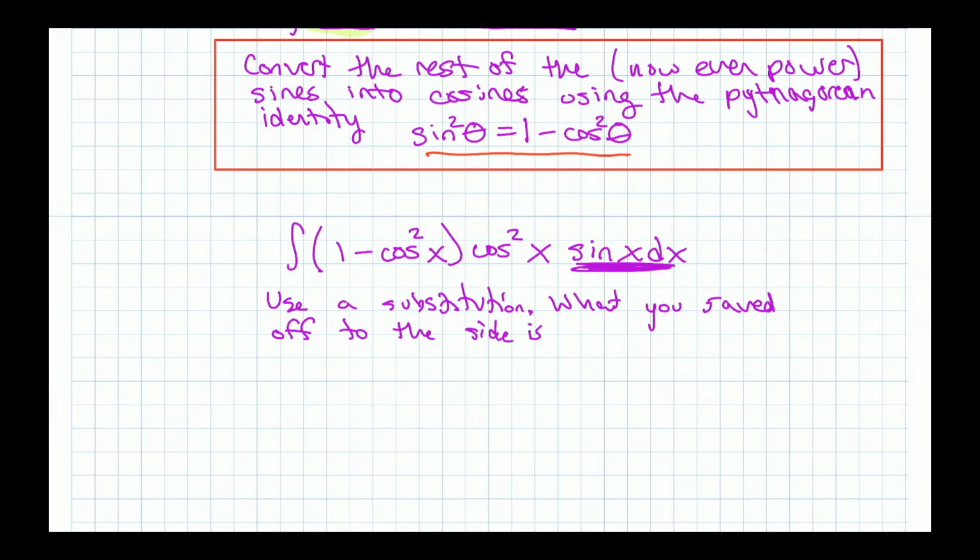Because depending on what kind of constants you have and whether there's pluses or minuses, it's not going to be exactly equal to the du, but it's going to be very closely related to the du. So we're going to use this substitution in this case. We're going to use u equals cosine x.